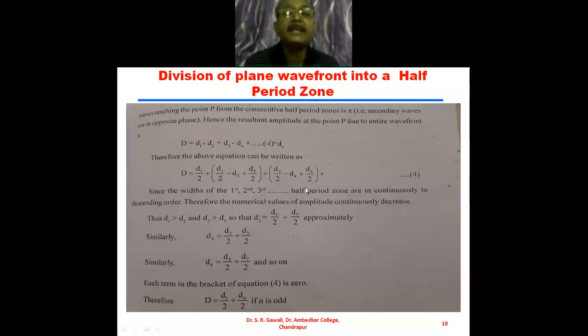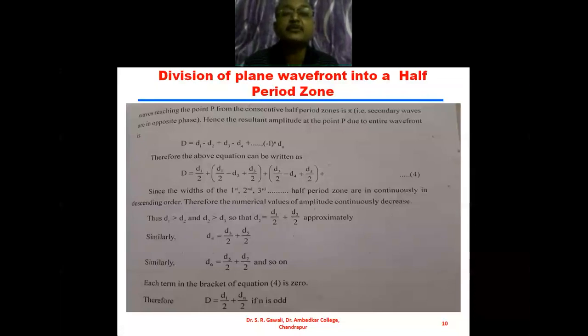So I have made the brackets here. These brackets are 0. These brackets are nothing but d2 is the average of d1 and d3, d4 is the average of d3 and d5 and so on.